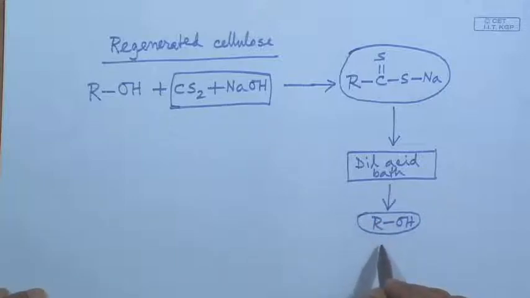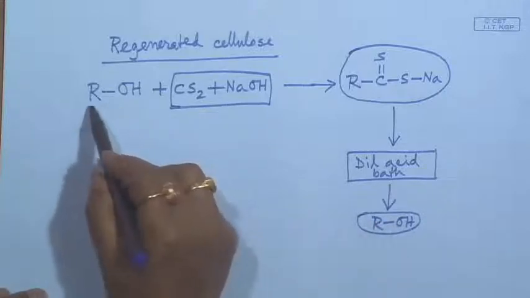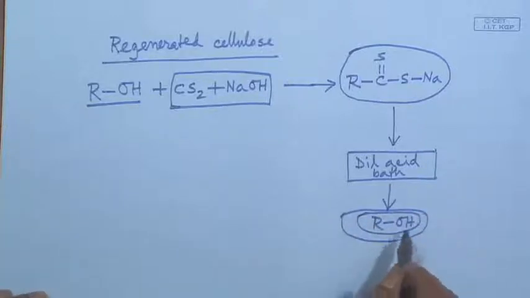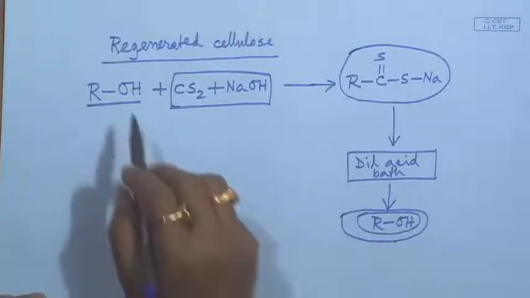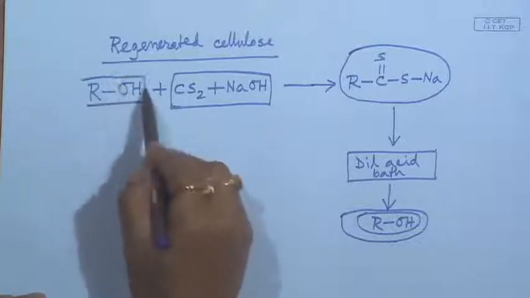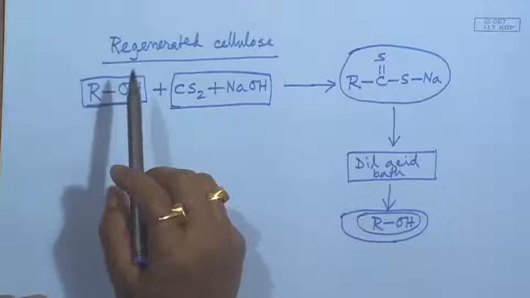Here it contains fewer hydrogen bonds, here it contains more hydrogen bonds. So, this becomes soft and more hydrophilic, and it is more degradable than the original cellulose material.